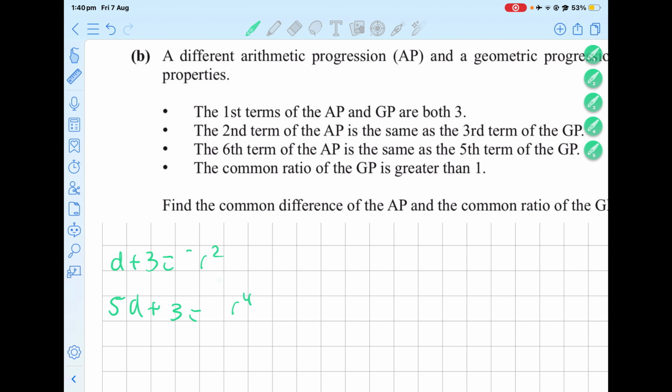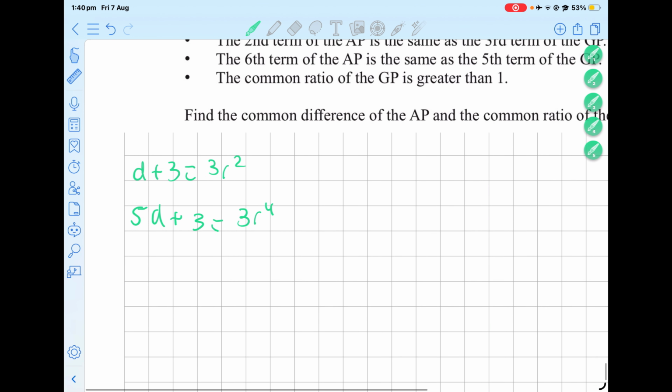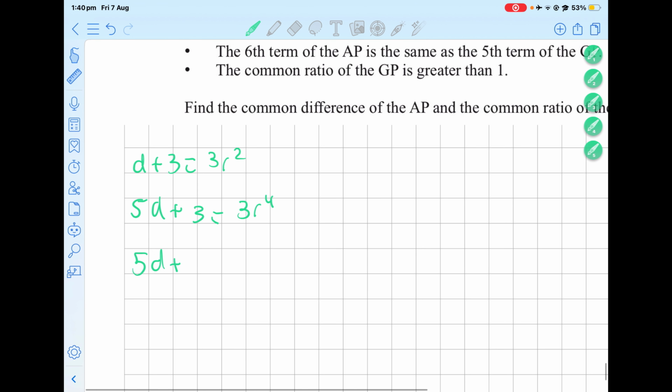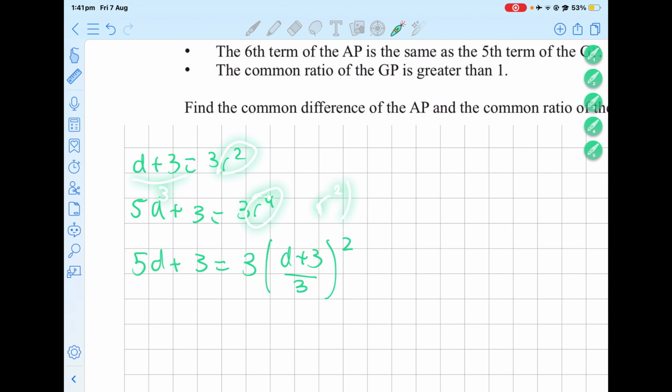So here I could call this 5d plus 3 equals 3 into d plus 3 over 3 whole squared. If that makes sense to you, because I basically said that r squared will be this thing over 3, and therefore 3 r to the 4 is r squared whole squared, from the a raised to m whole thing raised to n rule.